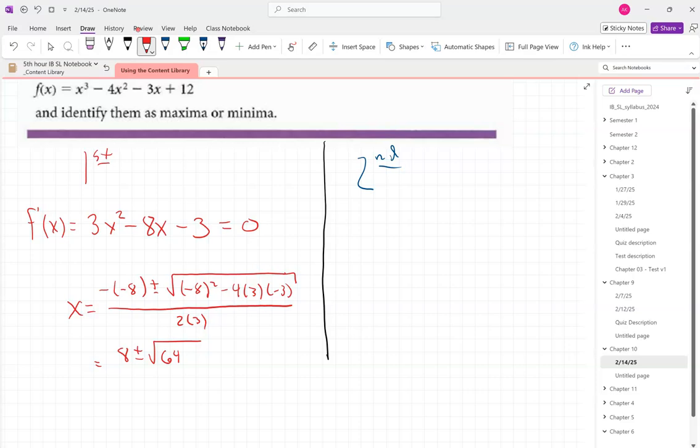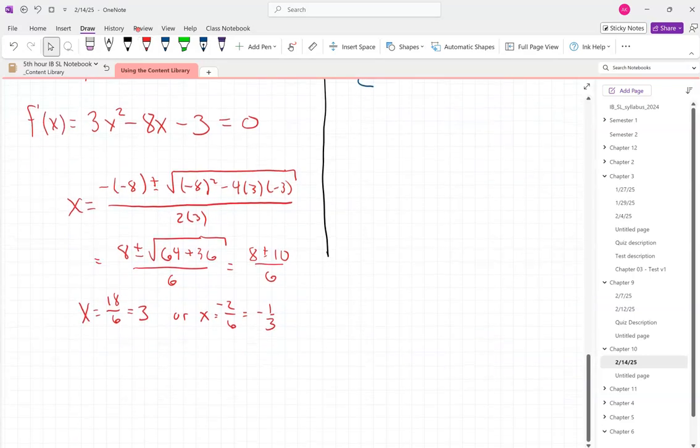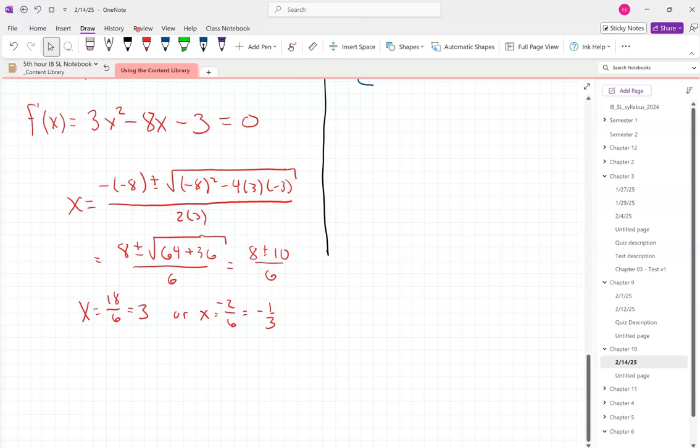Then 4ac is 4 times 3 times negative 3, so that's negative 36, but it's minus a negative, so it's plus. 64 plus 36 is 100. The square root of 100 is just 10. So we have 18 over 6, which is just 3, or negative 2 over 6, or negative 1/3. Is everybody okay so far?